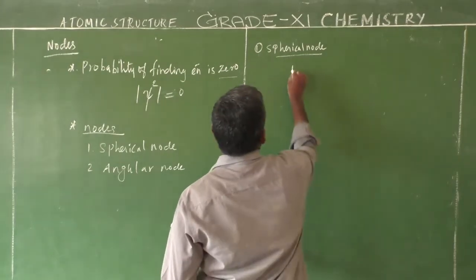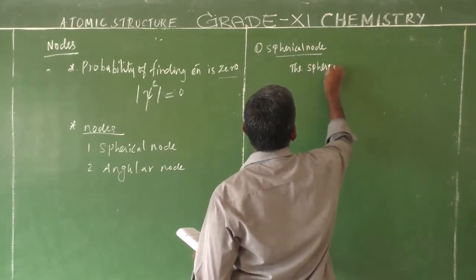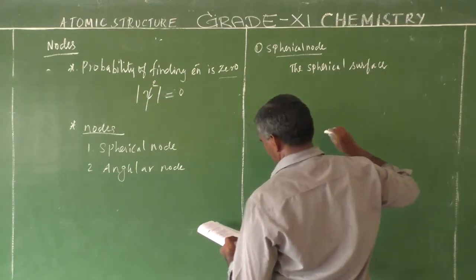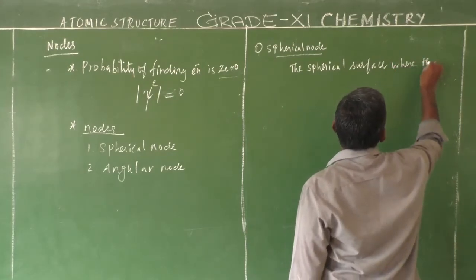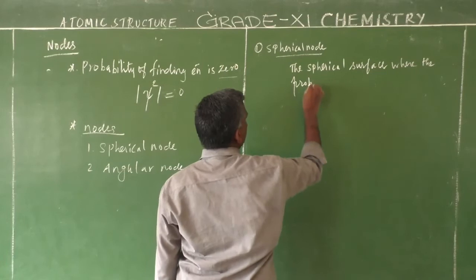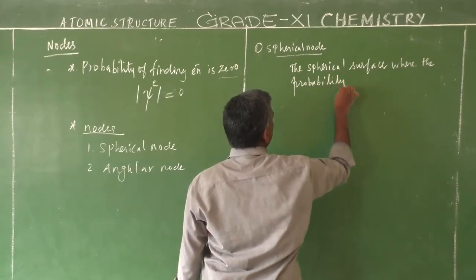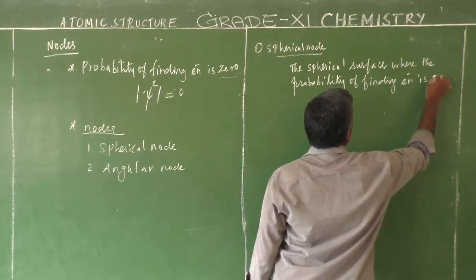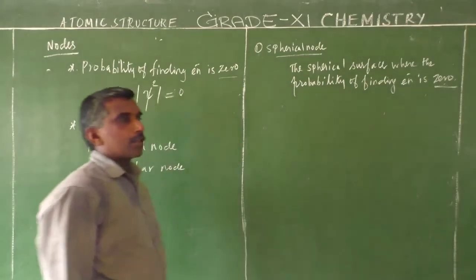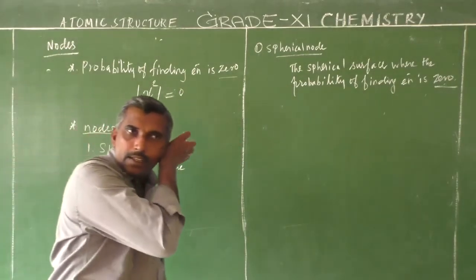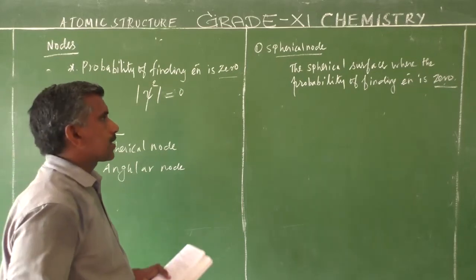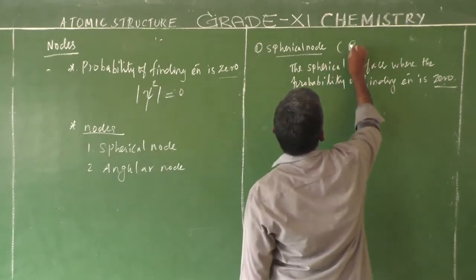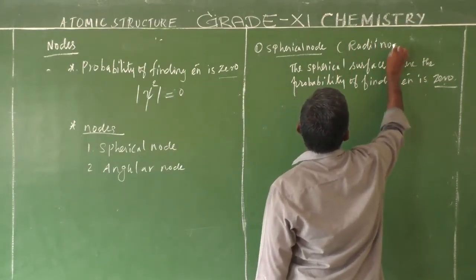Definition: a three-dimensional spherical surface where the probability of finding an electron is 0 is known as a spherical node, or radial node. Another name is radial node.